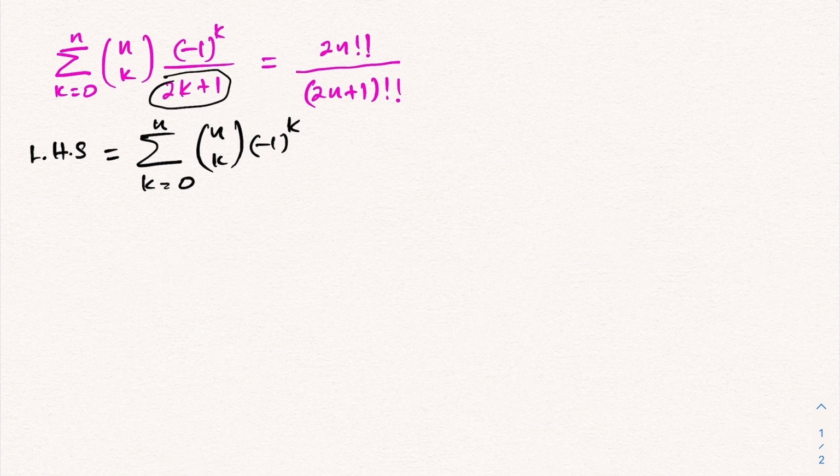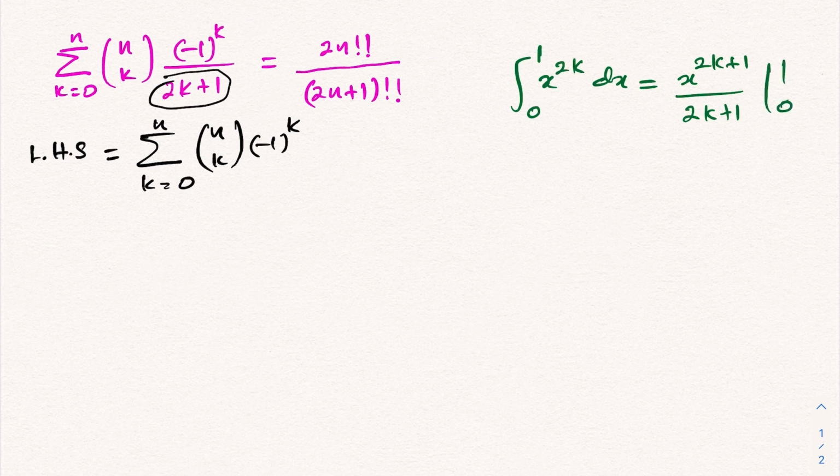If we integrate x to the 2k from 0 to 1, using the general power rule we have x^(2k+1) over (2k + 1) from 0 to 1, and if we apply the limits we have 1 over (2k + 1). Therefore, instead of 1 over (2k + 1) we can use this integral from 0 to 1 of x^(2k) dx.